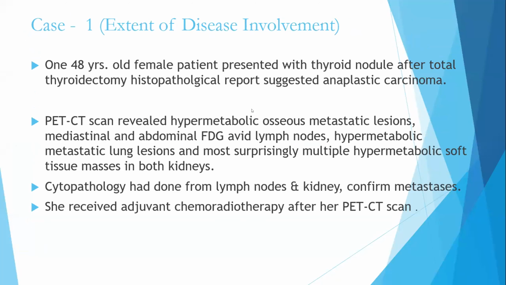A female patient, after her thyroid surgery, was diagnosed with anaplastic carcinoma. PET-CT shows hypermetabolic osseous metastatic lesions, mediastinal and hypermetabolic lung lesions, and also a kidney lesion. Cytopathology confirmed the diagnosis, and now she opted for adjuvant chemoradiotherapy.